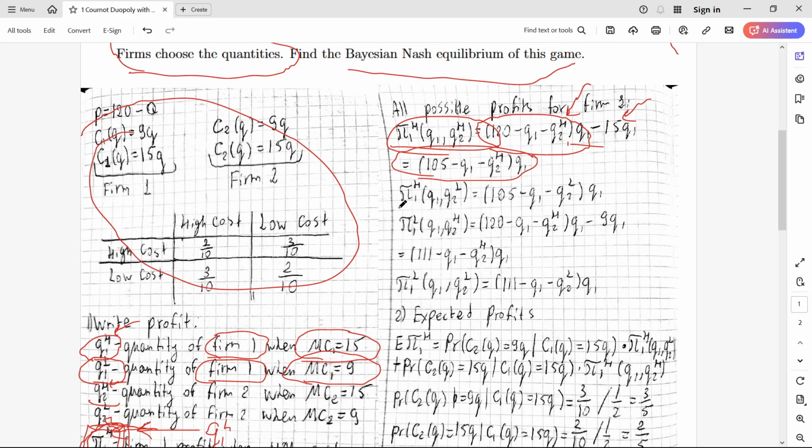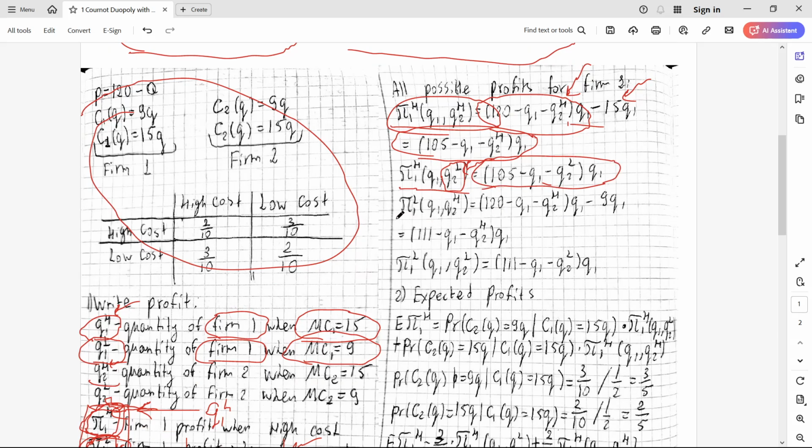Then I also write the profit of high type firm when the other firm is of low type, so he produces low type quantity of the good, and this is how it looks like. Then I do similar for when firm 1 is of low type and the other firm is high type. This is how it looks like.